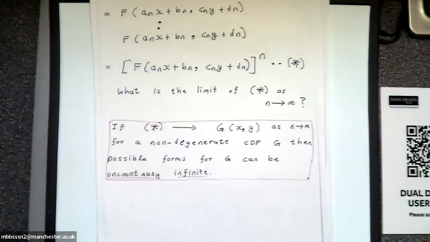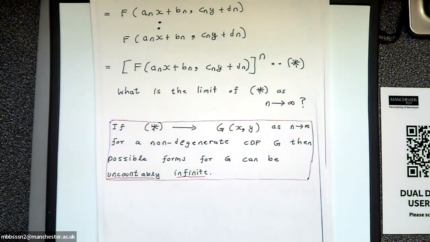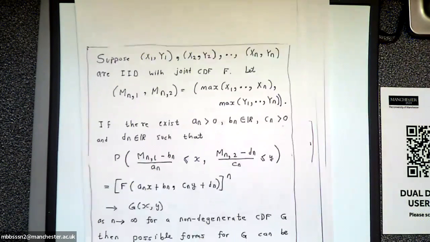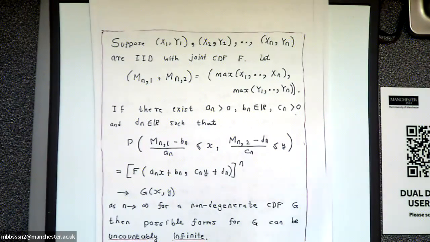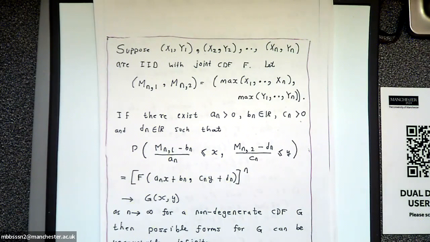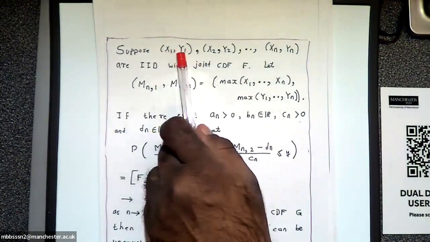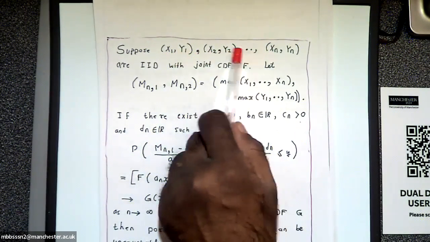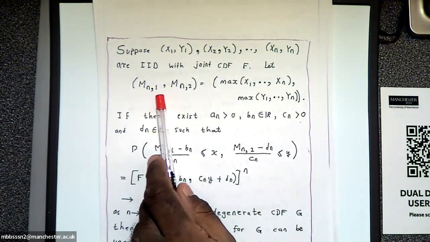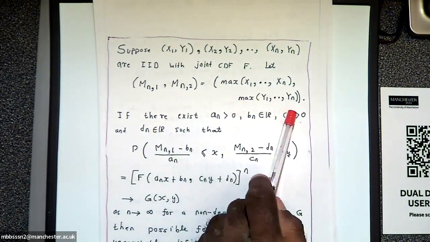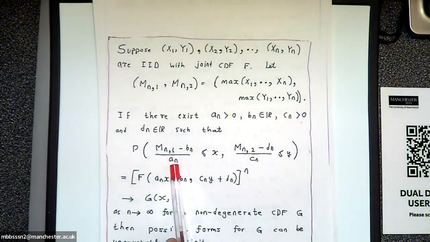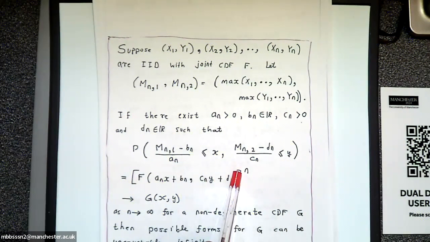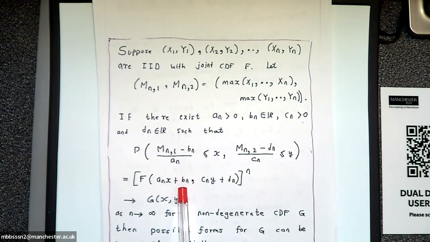So let me summarize what I talked about so far. You have data on x comma y, and you define the bivariate extreme value as this, right? And then you look at the joint distribution of the scaled version of Mn1 and Mn2, which is equal to this.